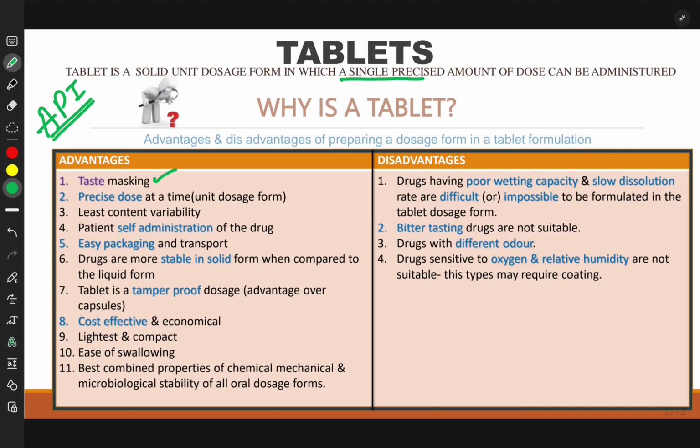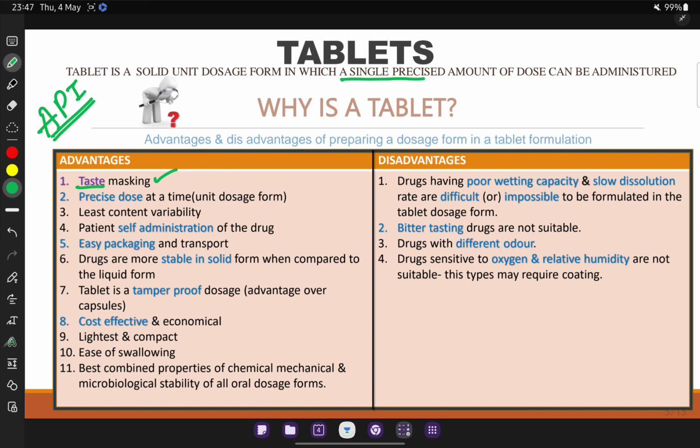There are many problems like physicochemical properties and stability. So in the first point, taste means they might have a bitter and bad taste, which can cause nausea or vomiting when ingested.